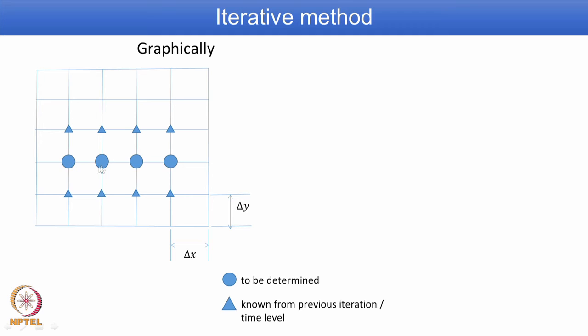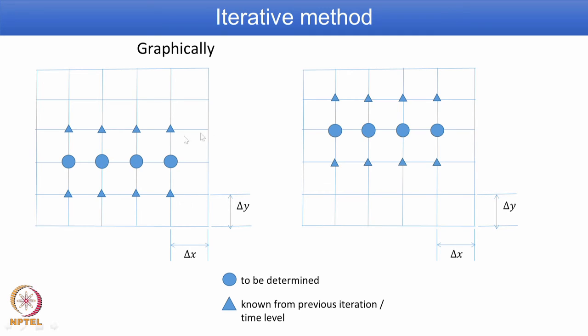So, along this particular j you set up the equation, and when you solve the equation for that particular j, then these node values become known and they are used for the next level as shown here. So, now for the same line j, it becomes a triangle, that means it is a known value, this triangle becomes an unknown value along the same j, and then we have the previously iterated value just above. So, this way you repeat this procedure and you get the complete solution.